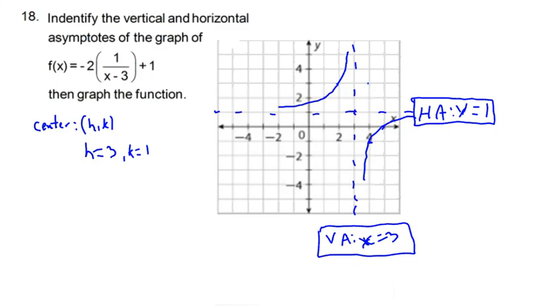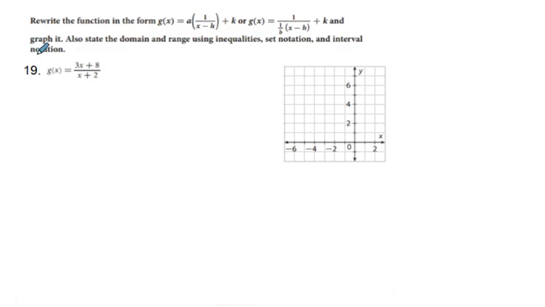Okay, last one. Rewrite the function in the form g of x equals a times 1 over x minus h plus k. So I'm going to go ahead and rewrite it in this form. And to do that, I'm just going to synthetically divide. We have x plus 2, so our 0 is negative 2. And then we have 3 and 8.